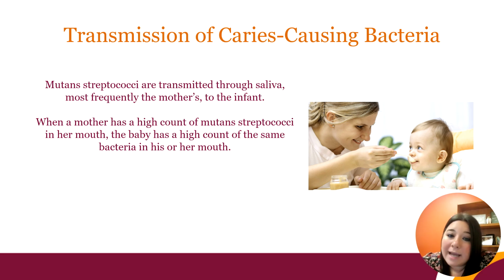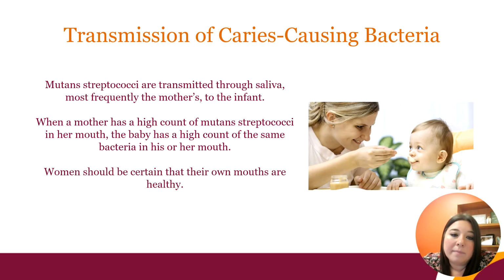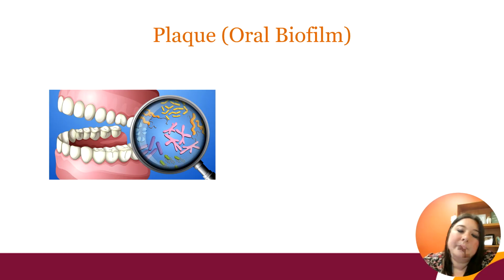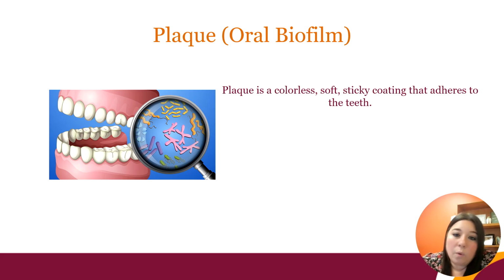When a mother has a high count of that bacteria, the baby also has a high count of the same bacteria. Women should be certain that their mouths are very healthy, so they're not passing any of these bacteria to their child. And when the number of caries-causing bacteria in the mouth increases, the risk of dental caries obviously increases as well.